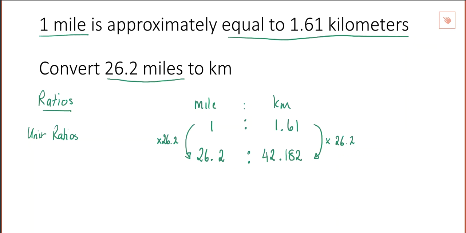Now, the reason why I wonder whether some people used an online converter is because of this word here: approximately equal to. So miles and kilometers are not exactly 1 to 1.61. And if you were to use an online converter, you'd get a number that would be slightly different than this one. Okay.